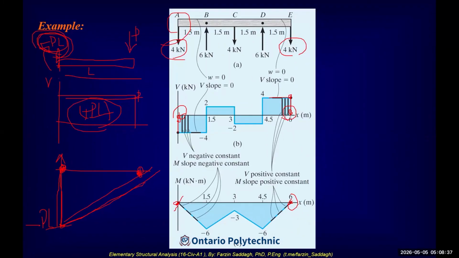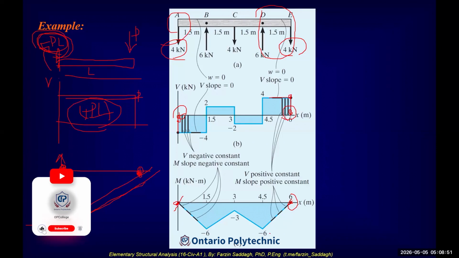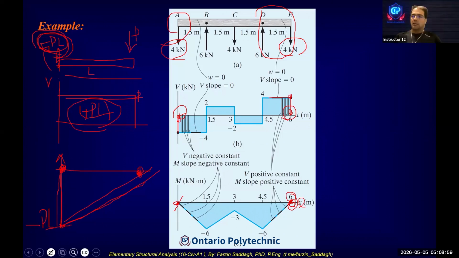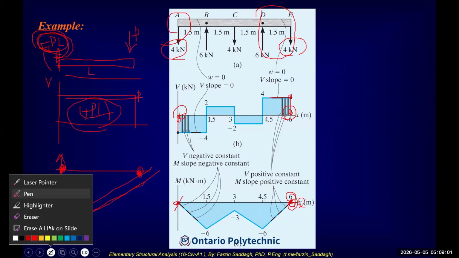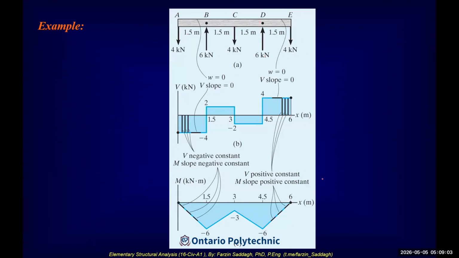Between points D and E, shear is positive, but for moment we moved from -3 to -6. This 6 is x, right? So my question is why -6, because shear is positive?